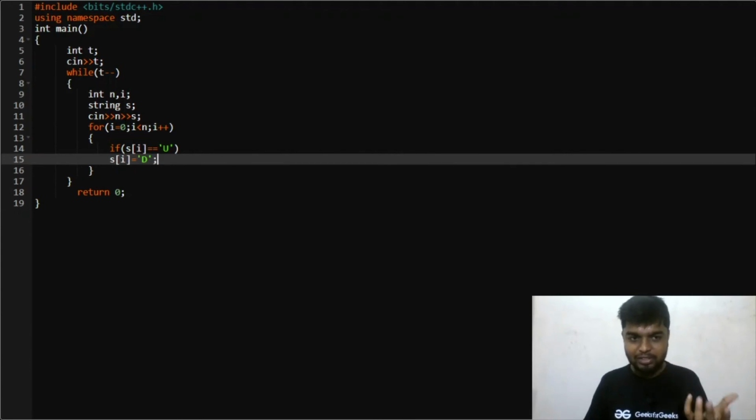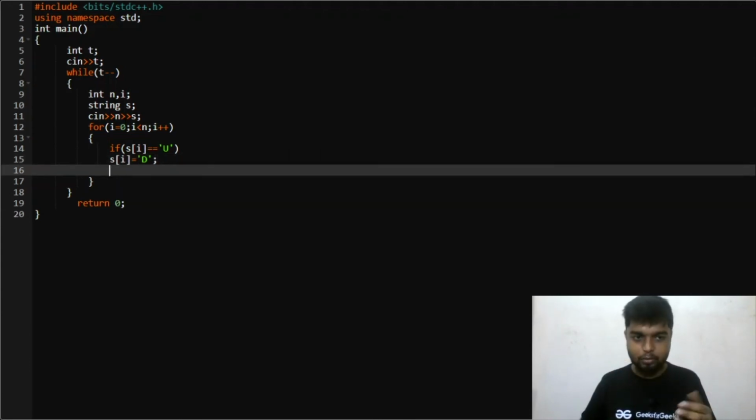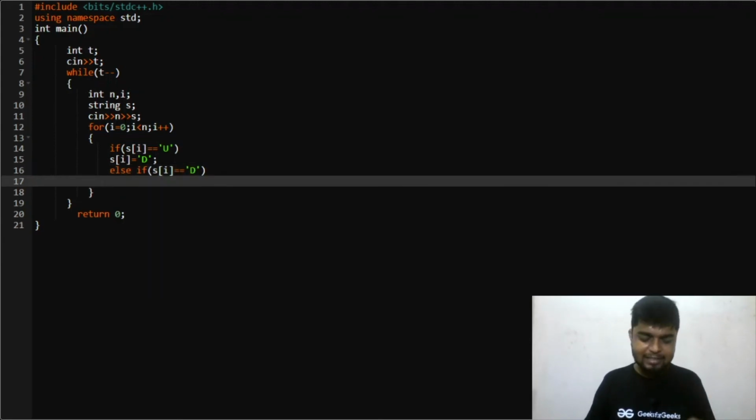Because these are vertical dominoes, right? And else if s[i] is equal to capital D, then below that you need to have capital U. And suppose you had been given L and R. For that you don't need to make any change, because the row below it will be having LR only.